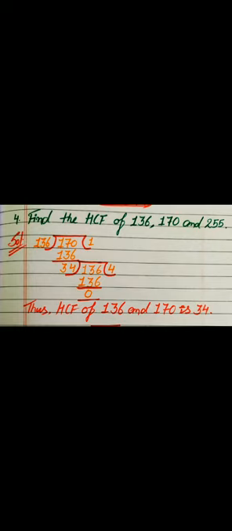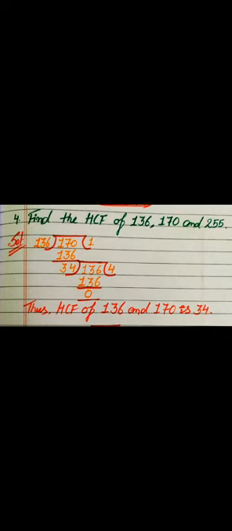Now, as here there are three numbers, listen students, we can't divide three numbers at a time. So what we will do, we will choose any two. I have taken the first two numbers, and in the first two numbers 170 is greater, so we will divide 170 by 136. When you divide 170 by 136, 136 ones are 136, you will get 34 as a remainder.